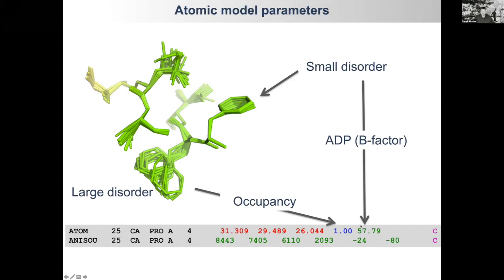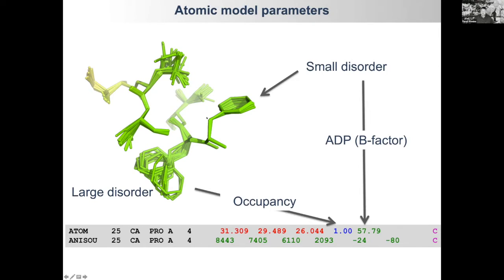Then we have different B factors, and the occupancy factor reflects the probability of each conformer occupying its space. So for example, one can have 0.3 and the other one 1 minus 0.3, 0.7, right? So that's for the large scale disorder.